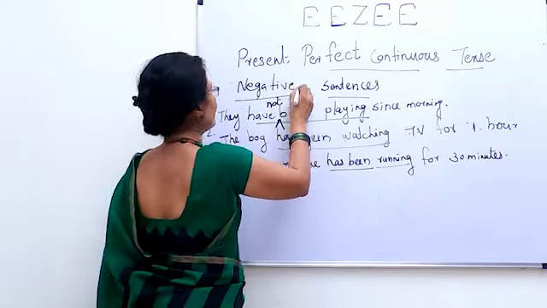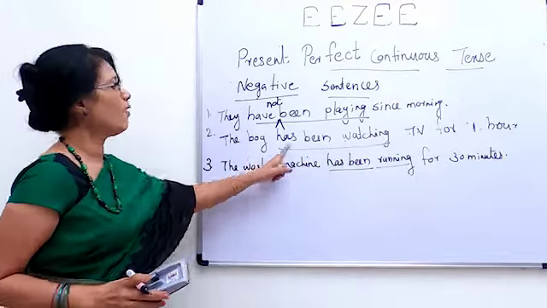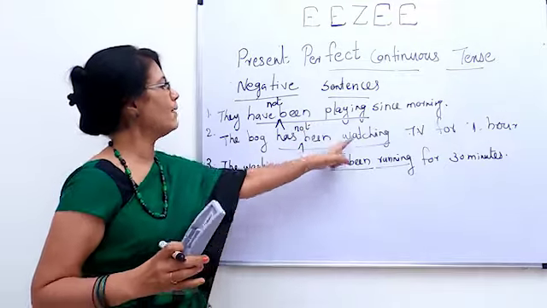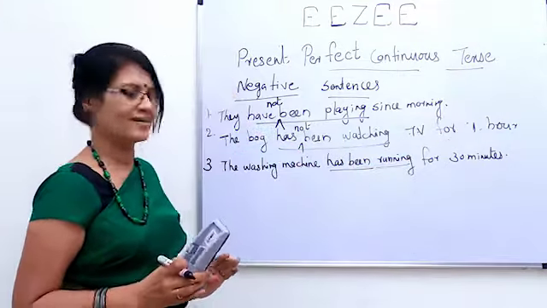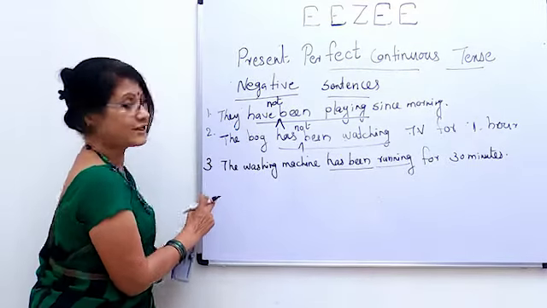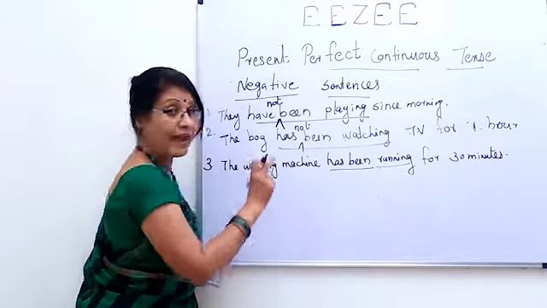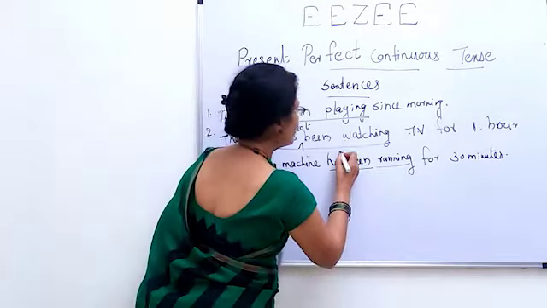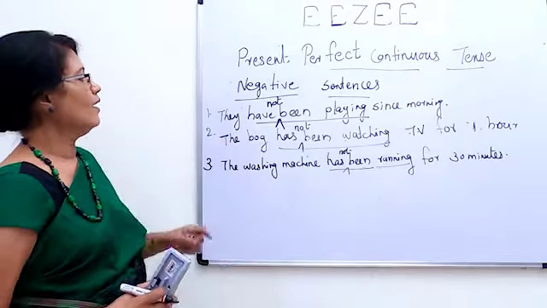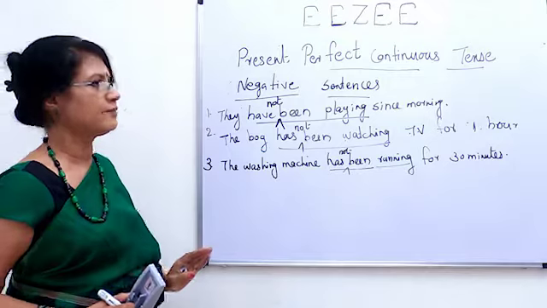The boy has not been watching TV for 1 hour. Again, the third sentence we are going to change into a negative sentence. How? The washing machine has not been running for 30 minutes.